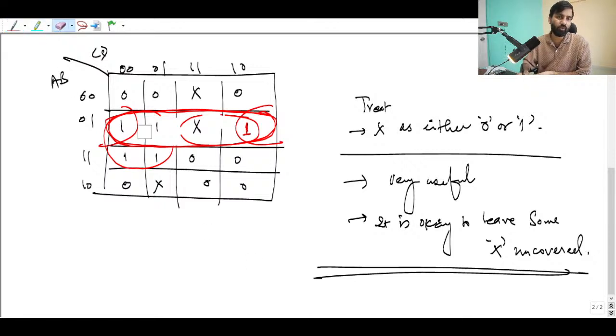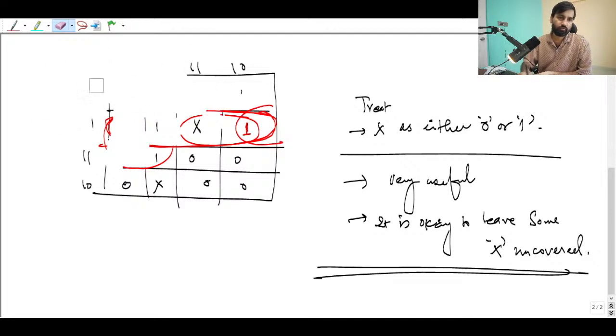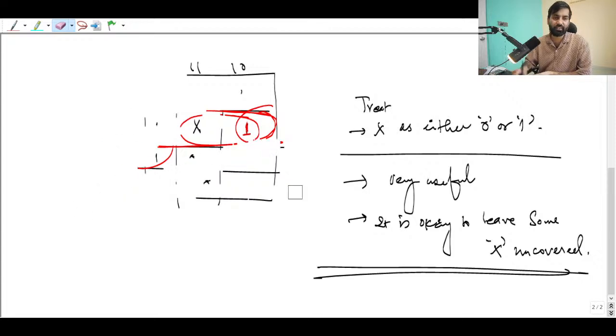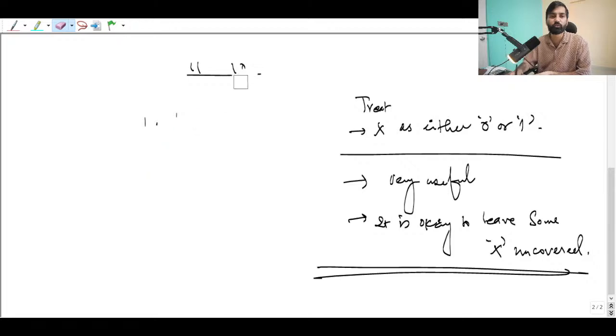This is one of the easiest things that you can do. Again I just want to highlight, let me take it again so that you can understand. You have to always try to cover the largest group of ones.